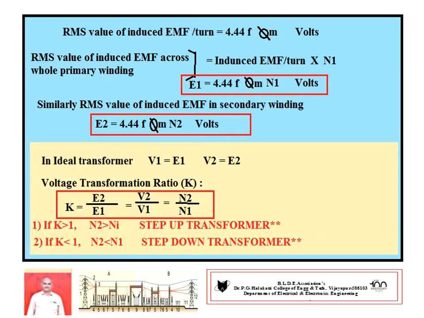RMS value is denoted by capital E. 1 means primary side: E1 equals 4.44 f phi m into N1 volts. In a similar fashion, we write the RMS value of induced EMF in secondary winding: E2 equals 4.44 f phi m into N2 volts.